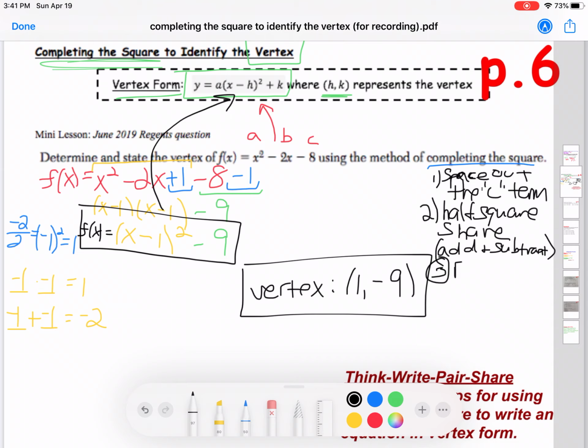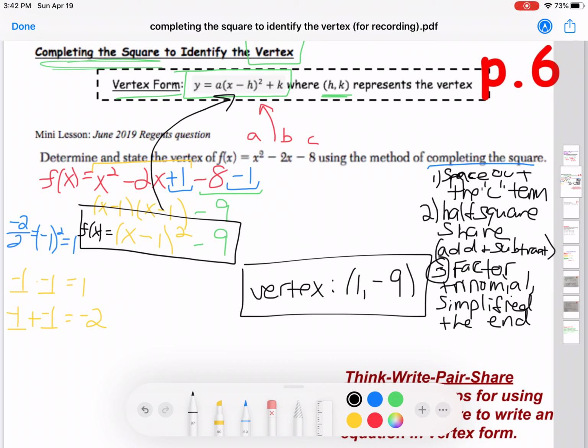The next thing that we did was we factored the trinomial. So that was how we got the x minus 1 squared, and then we simplified the end, meaning we just did the -8 minus 1 to give us the -9.